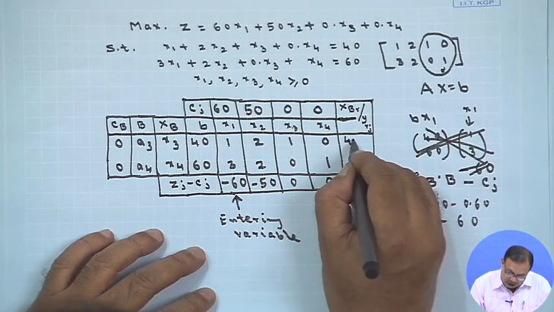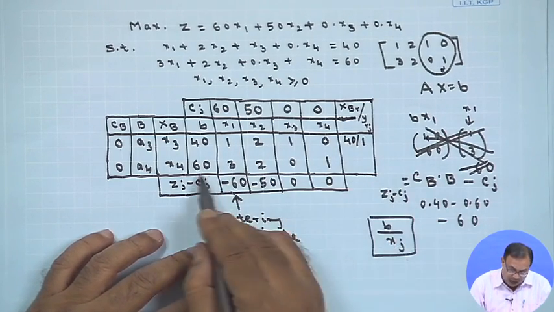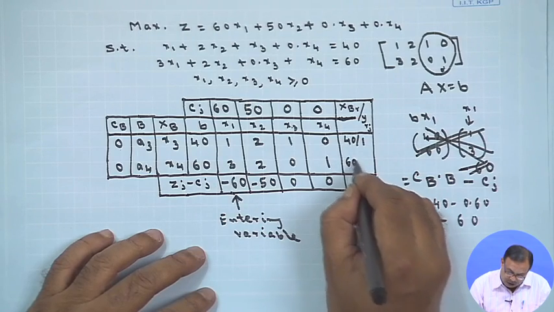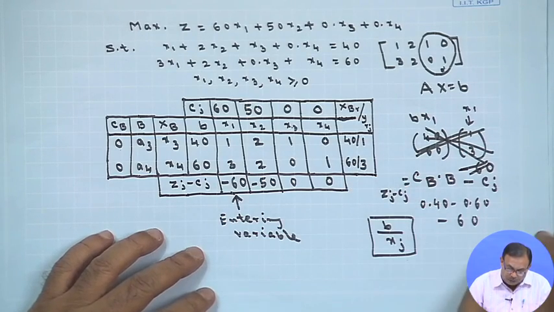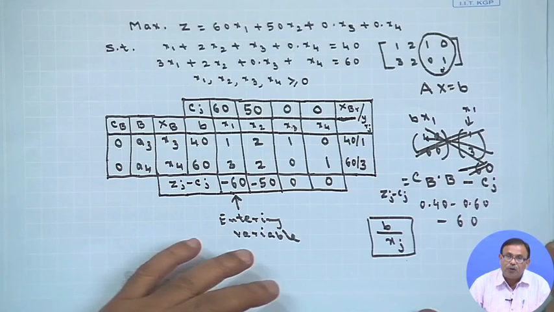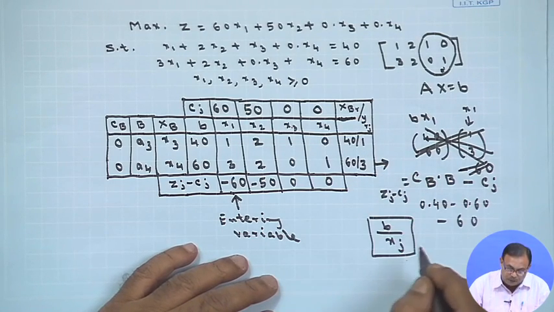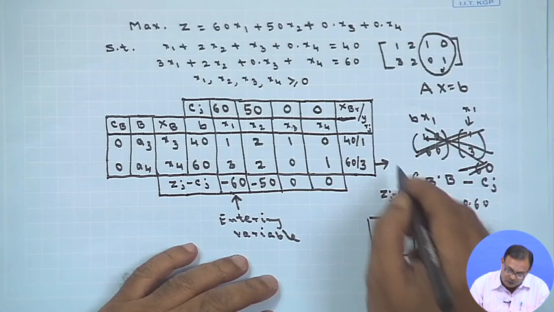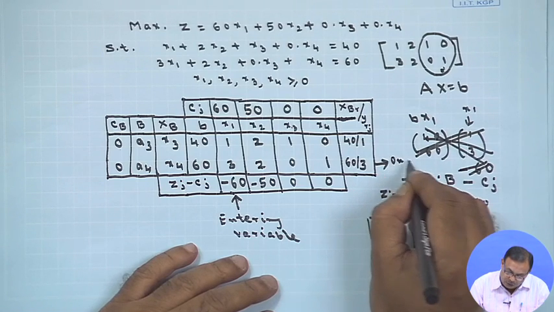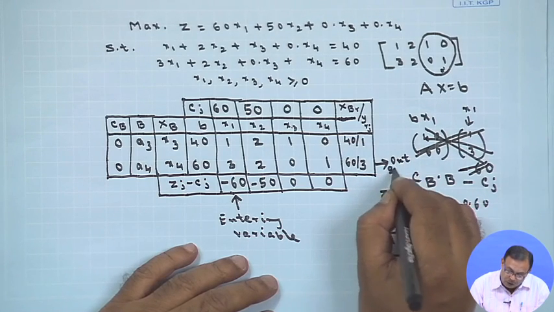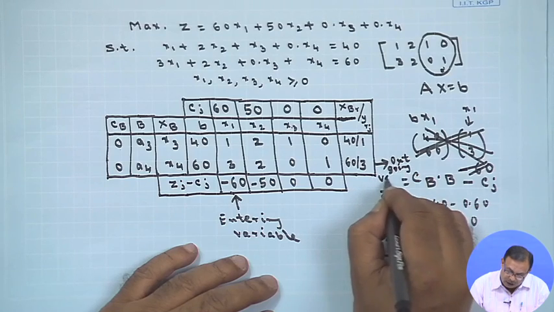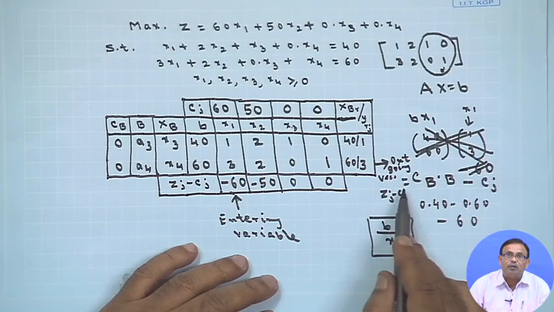So, it will be 40 by 1 and 60 by 3. So, the minimum value of these two is obtained for this one. So, this we say as the outgoing vector. Please note that this is the outgoing vector.